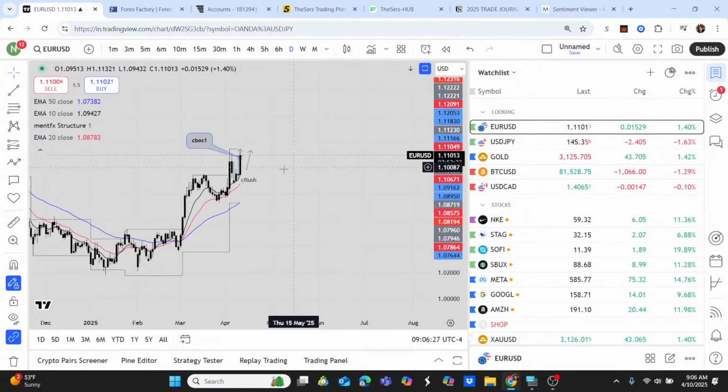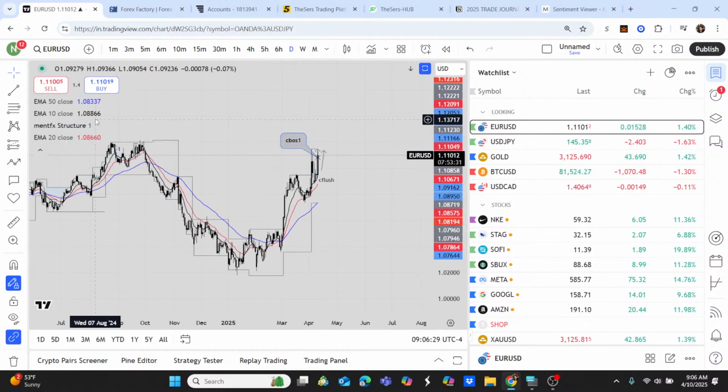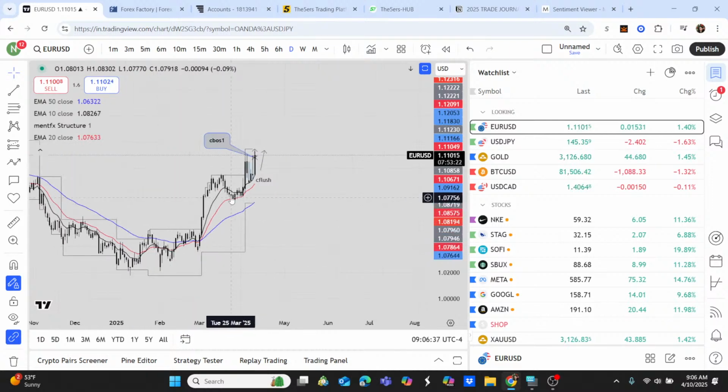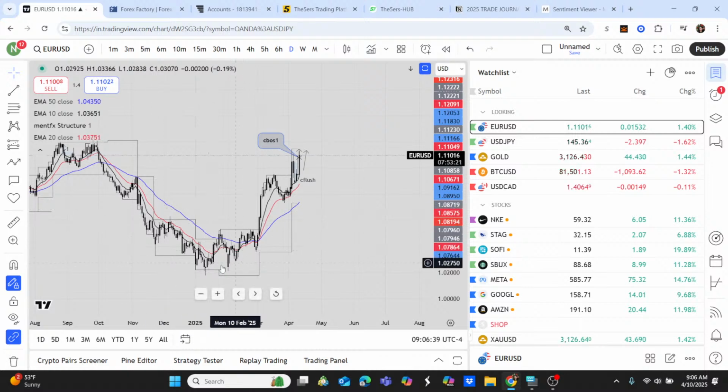I call this basically a bullish cycle. So on the daily, we just have bullish breaks of structure. I consider two breaks of structure on the higher time frame like a bullish market, and then also a bullish cycle. So a move under all the MAs, I call that a huge flush.